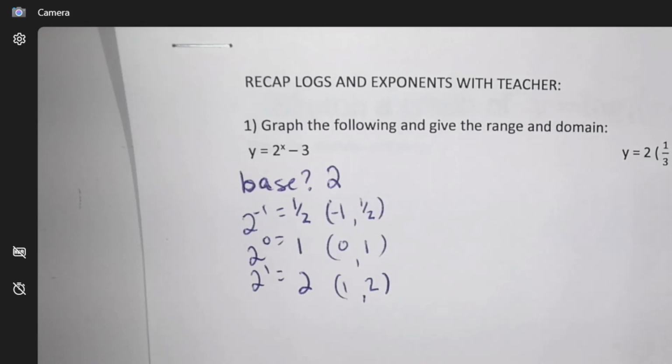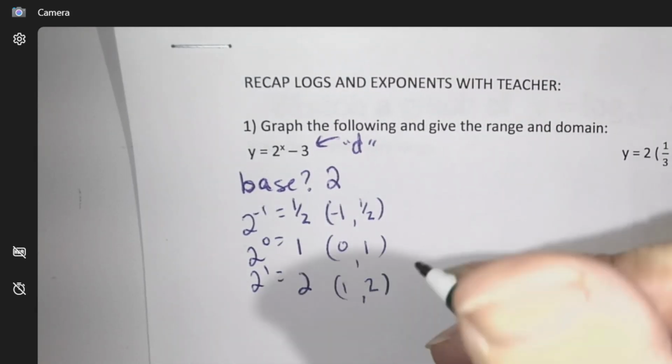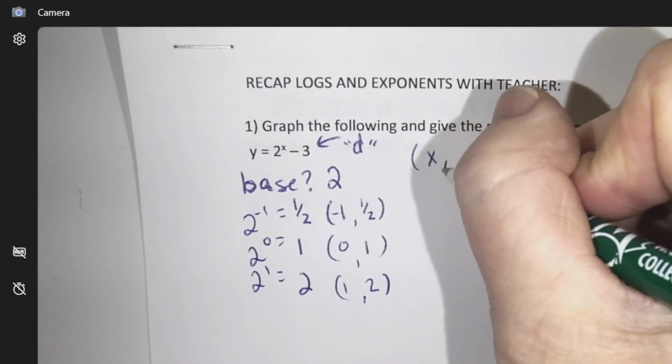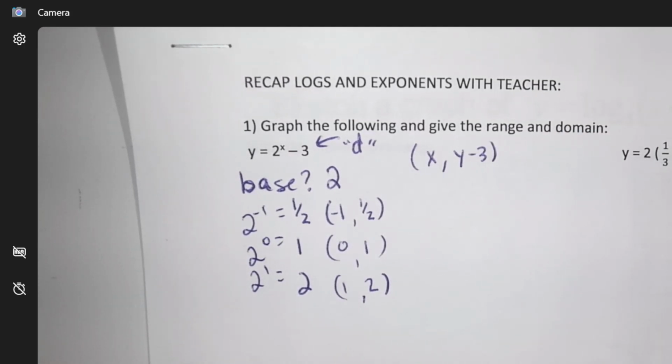Better? Okay, so these are my 3 original points I'm going to use. Is there anything to transform them? There is a D value. So I'm going to subtract 3 on the heights.